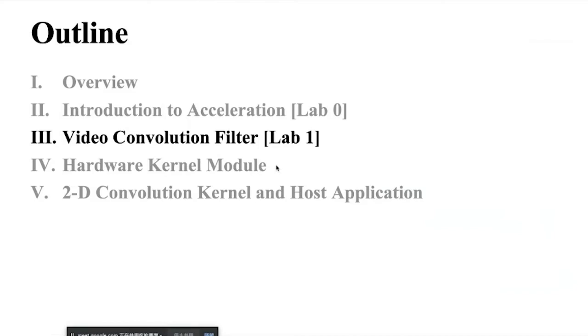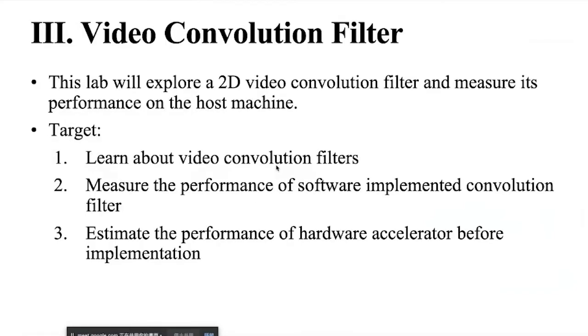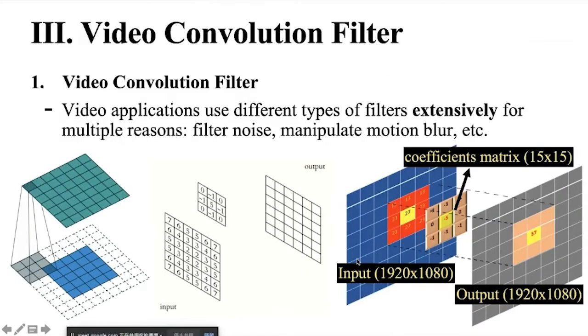Okay, let's go to lab 1. In lab 1, I will introduce the video convolution filter and estimate the required acceleration for a given performance constraint, and then I will estimate the performance of the hardware accelerator. The video convolution filter has lots of applications, and its steps are shown here.